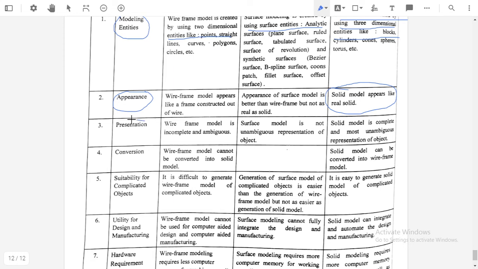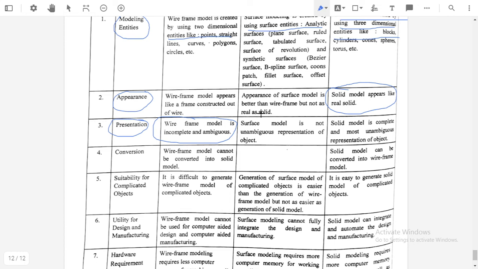Okay, then presentation. The third comparison parameter is the presentation. The wireframe model is incomplete and ambiguous. Means if we present the wireframe model, it looks like an incomplete object.